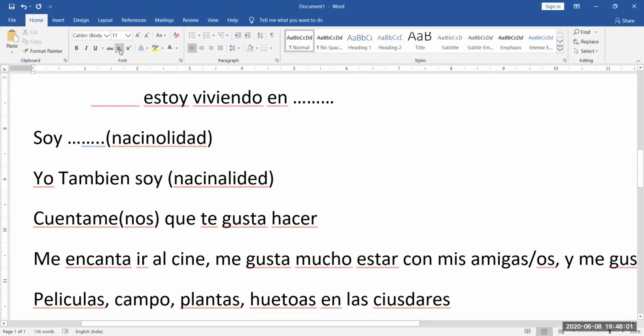Estoy viviendo en. Living at. Normally in English you would say I am living at this place. What we've done in Spanish right now is that we have left that I out and just allowed the verb to tell whether this is a singular person or multiple persons.